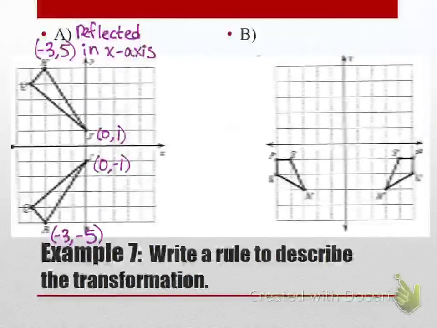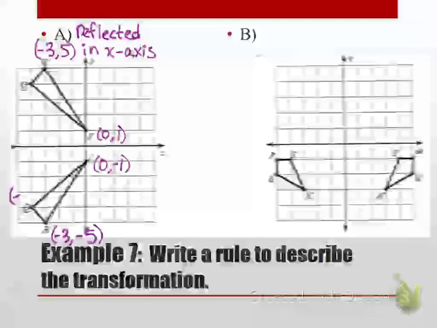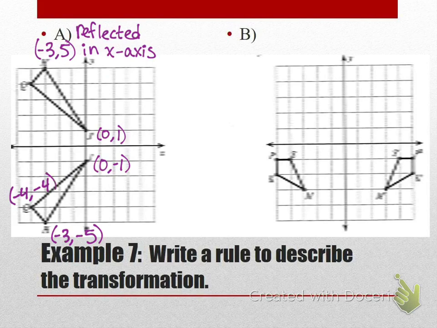Okay, lastly, let's look at Q. Is that a Q? Okay, Q is at what? Negative 4, 4. Careful. Negative 4, negative 4, and Q prime is at negative 4, 4. Do we notice anything about these ordered pairs if we compare an original point to its reflected point?